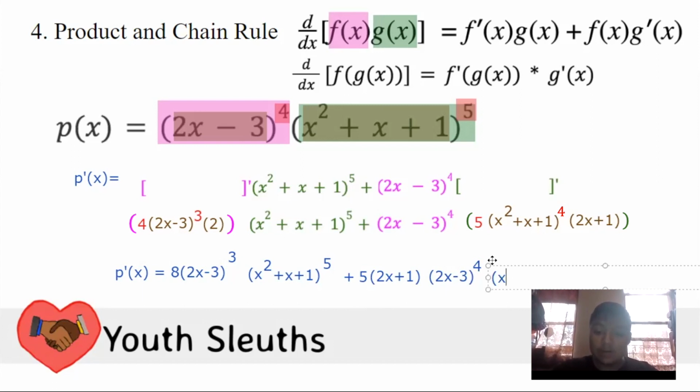So we have our solution. So we have x squared plus x plus 1 to the fourth power. So there we have solved p prime of x using both the product rule and the chain rule.